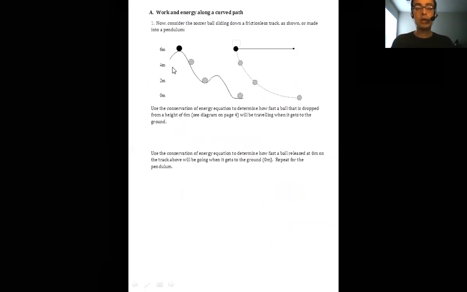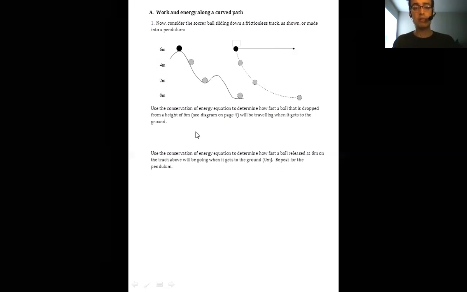Let's have a look at work and energy along a curved path. So now consider a soccer ball which is sliding down some frictionless path here. Or alternately, consider a frictionless pendulum. So there's no rubbing or slowing down here at this fulcrum, or at this point upon which the pendulum is rotating.